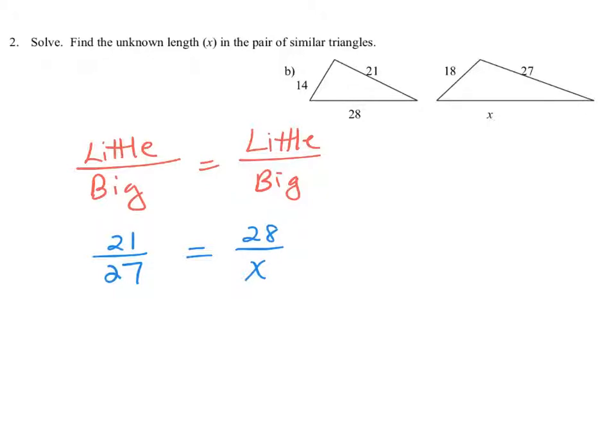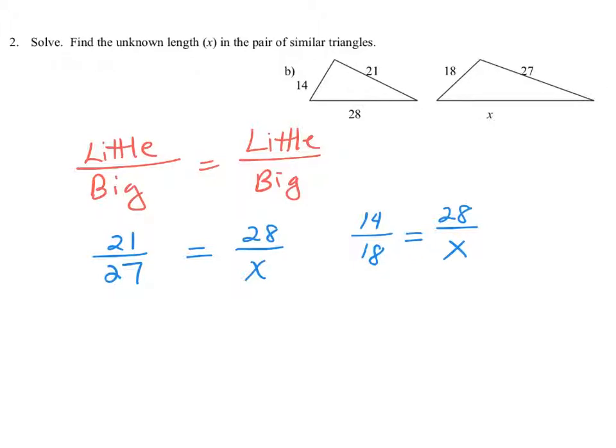You could also set up the proportion using the other side with 14 on the smaller triangle and 18 in the bigger triangle, and that will equal the proportion of 28 in the smaller triangle over x in the bigger triangle. You can solve either one of these for x to get the length of the missing side.